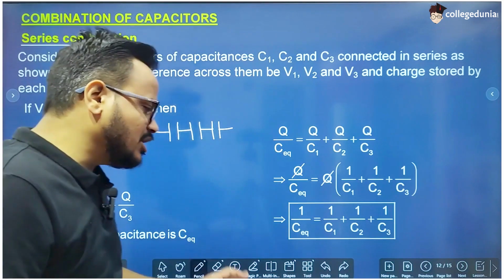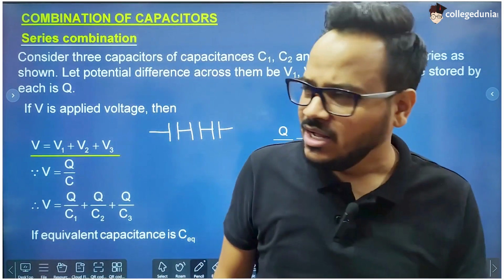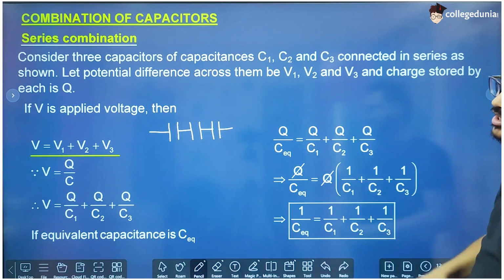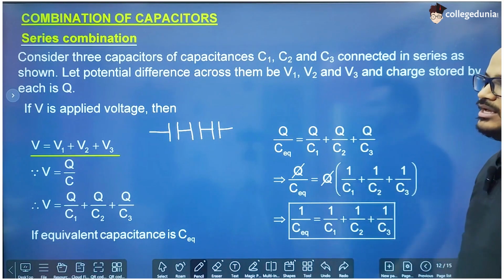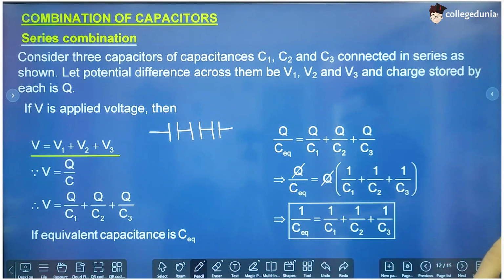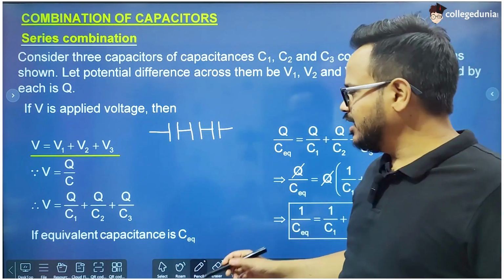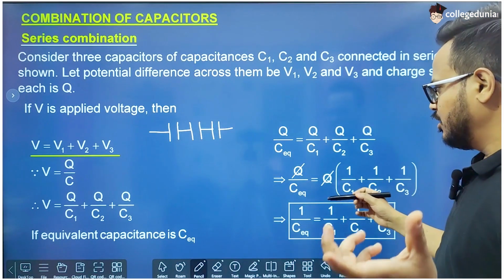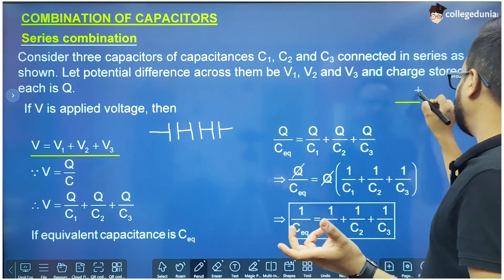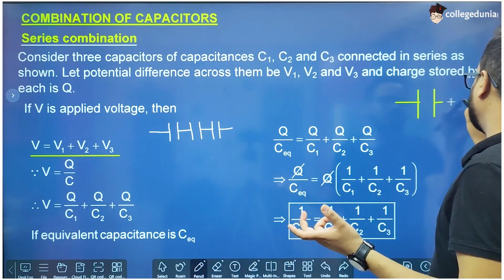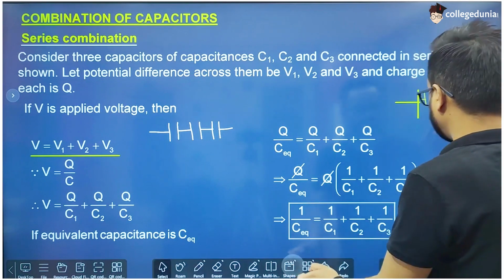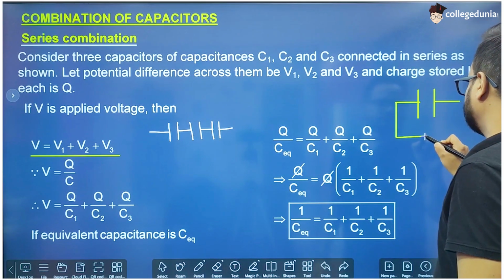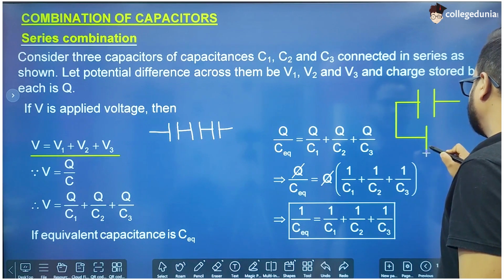Now, if C is the equivalent capacitance, what we are looking for is a single capacitor which, if connected in place of these three, will give us a capacity C equivalent. So obviously the charge stored by that single capacitor will again be Q, because it is connected in place of these three capacitors and it is connected to the same battery.